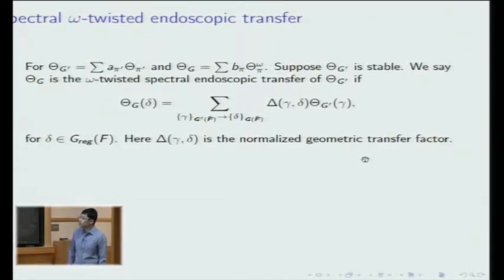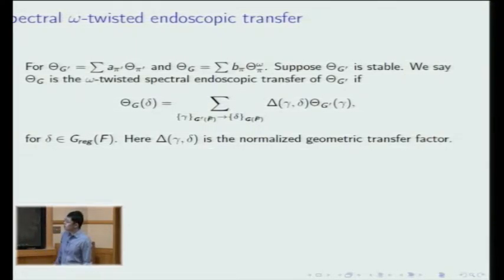If you take a character on G prime and a twisted character on G, and we suppose the one on G prime is stable, then we'll say that the twisted character on G is a spectral endoscopic transfer of the stable character on G prime, if there's such a relation.